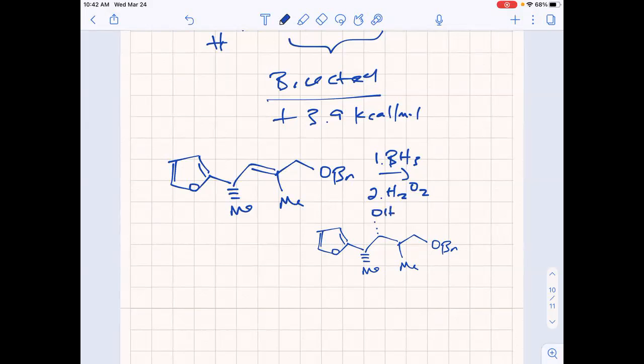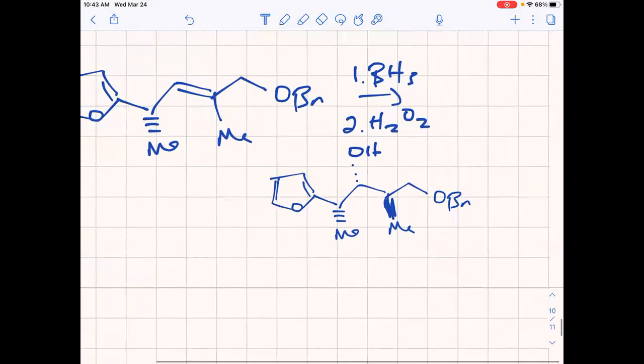So that's OH, and now this methyl group here is wedged, and then we'll have another product.